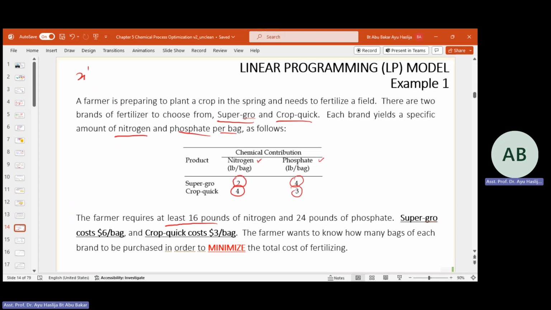More. Right? It can be more. The minimum is 16. It can be 17, 18 at least. So this one is an inequality constraint. Inequality. Okay, at least. The farmer requires at least 16 pounds of nitrogen and 24 pounds of phosphate.